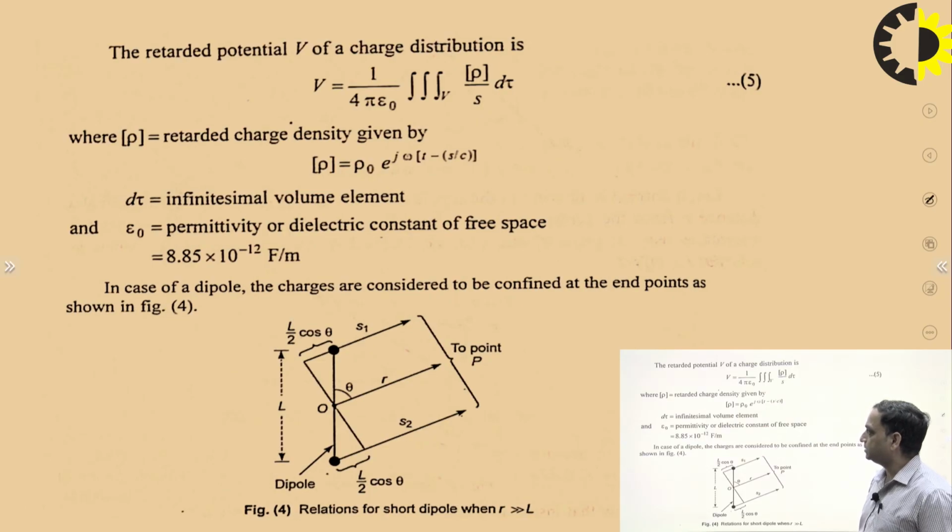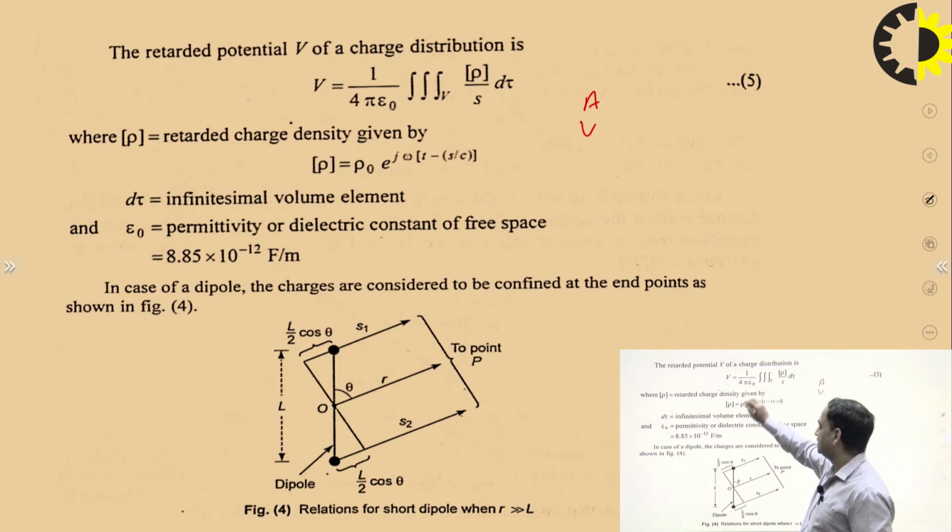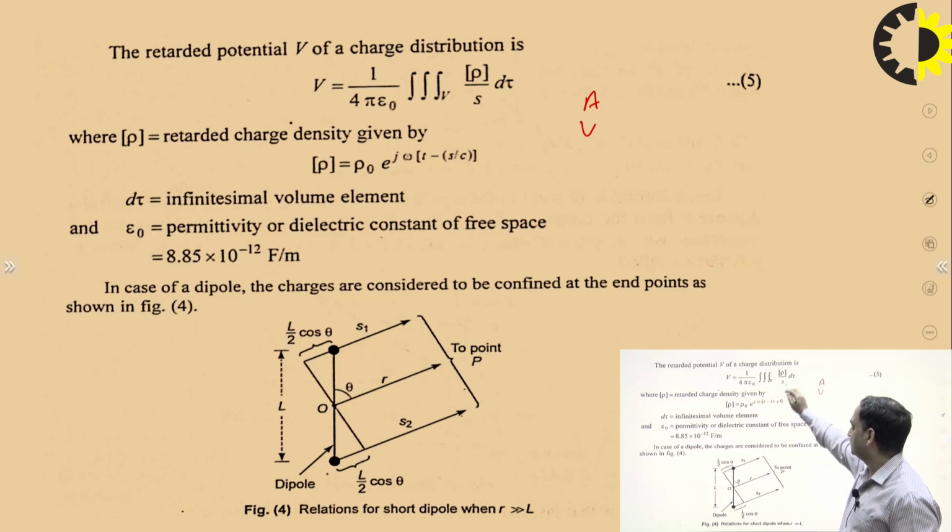Now come to the retarded potential. As I said, there are two types of potentials we have to consider. First one is A, the magnetic vector potential, and second one is V, the scalar potential. The retarded potential for the charge distribution we represent as V equal to 1 upon 4 pi epsilon naught, integral of rho upon s into d tau, evaluated at retarded time.